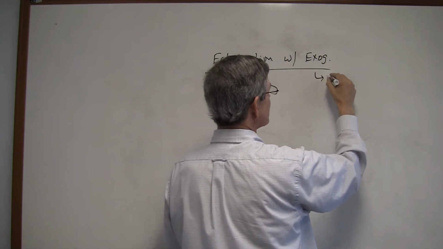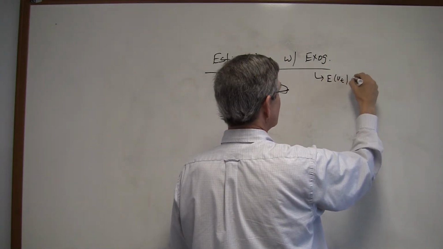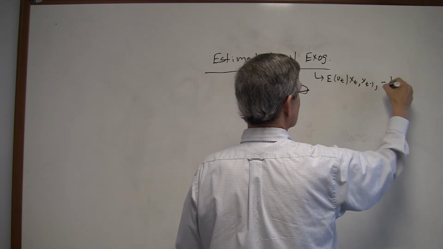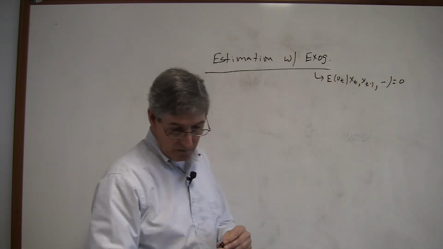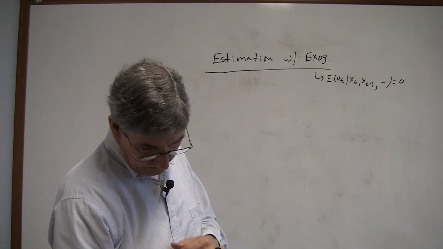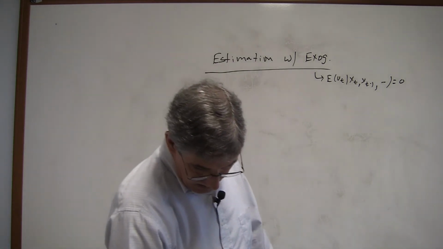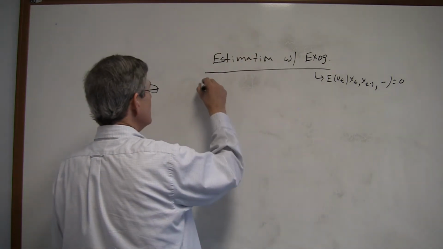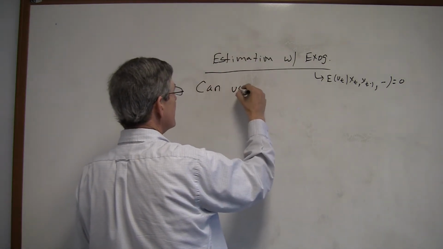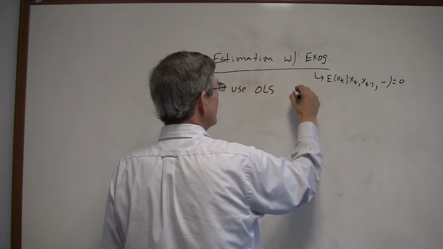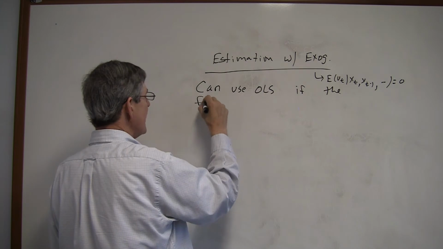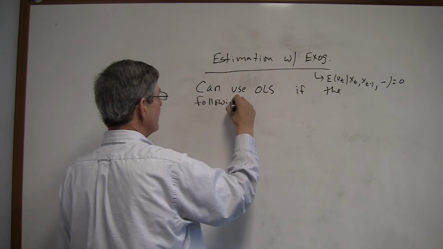We're assuming that the expected value of u_t given x_t, x_{t-1}, and so on, is 0, just like we just said. Okay, so you can use OLS if the following assumptions are satisfied.